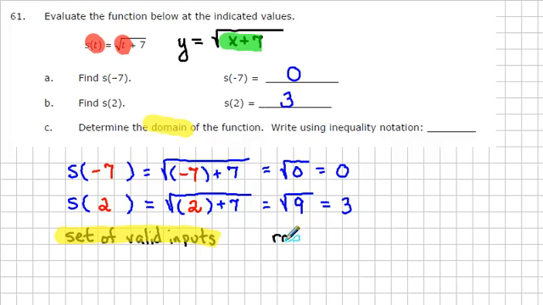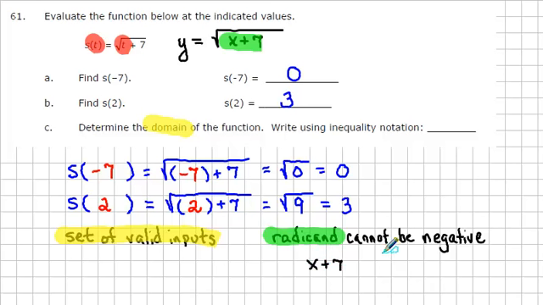The radicand cannot be negative. So the radicand is x plus 7.